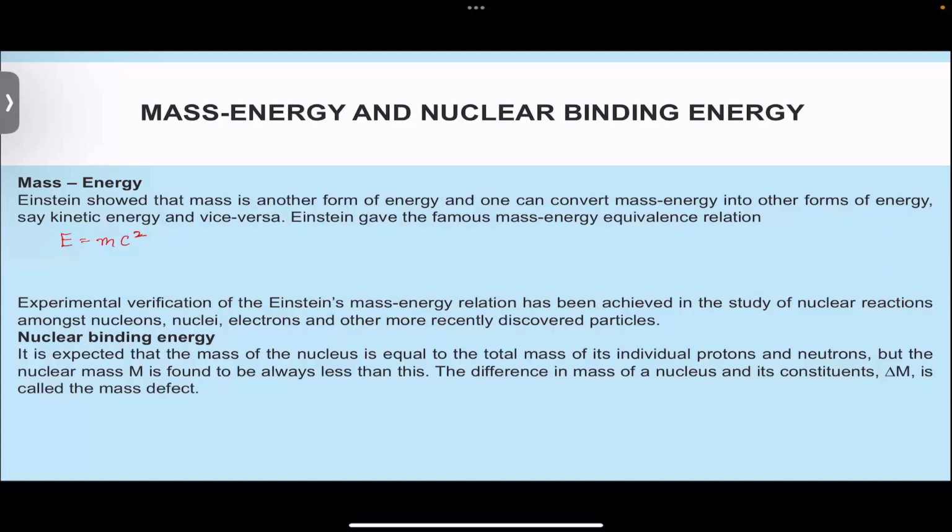Experimental verification of this mass-energy relation given by Einstein is done by understanding the nuclear reactions among the nucleons and nuclei, and the electrons and the more recently discovered particles. A lot of new particles have also been discovered which relate to the atoms.